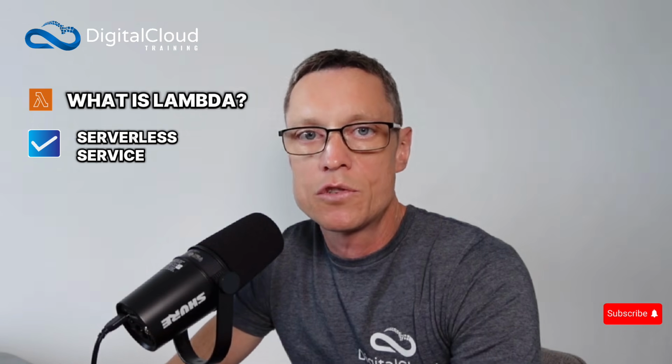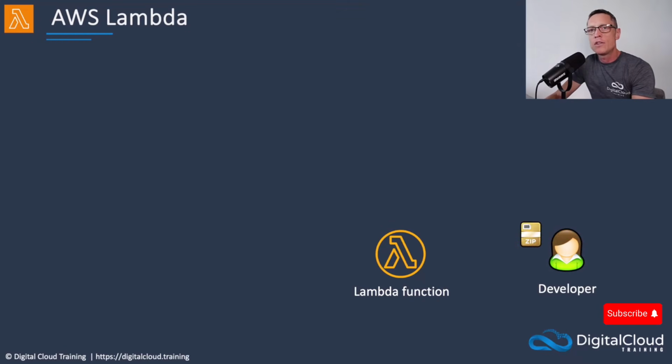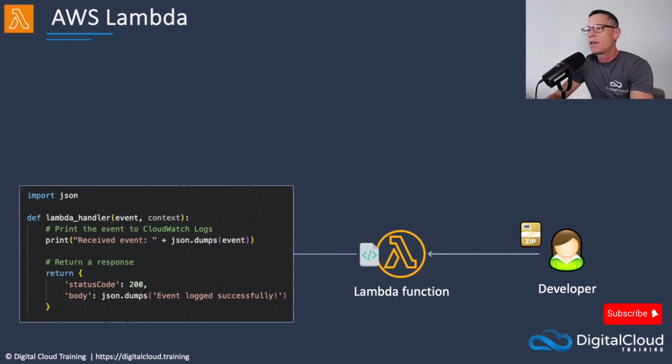So what is Lambda? Lambda is a serverless service. That means there's no servers to manage. Basically, the server is fully managed by AWS because there's always going to be a server underneath. But in this case, we're going up a layer. So AWS is managing more for us and just providing us a function. Now, a function is essentially where we've gone into Lambda, we create something, it's called a function, and that function is where we upload our code. The code can be from many different application programming frameworks.